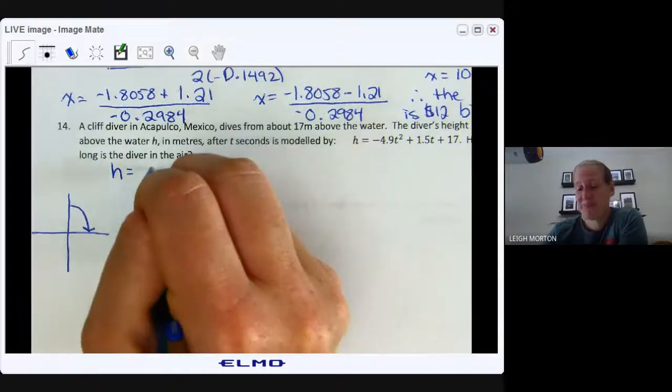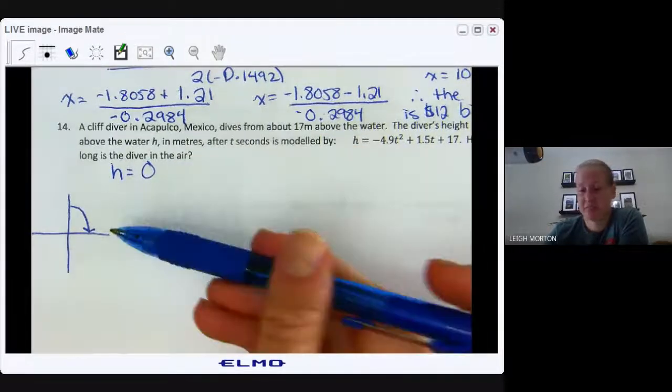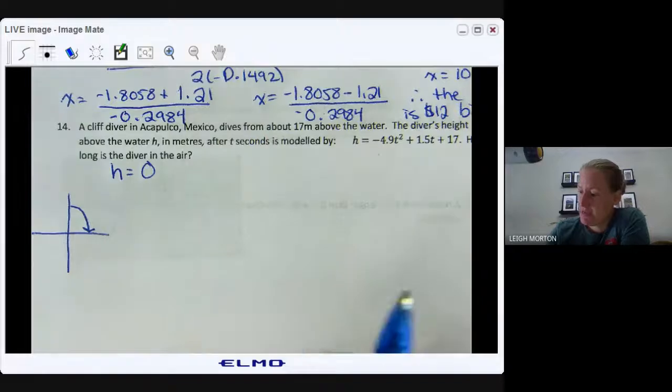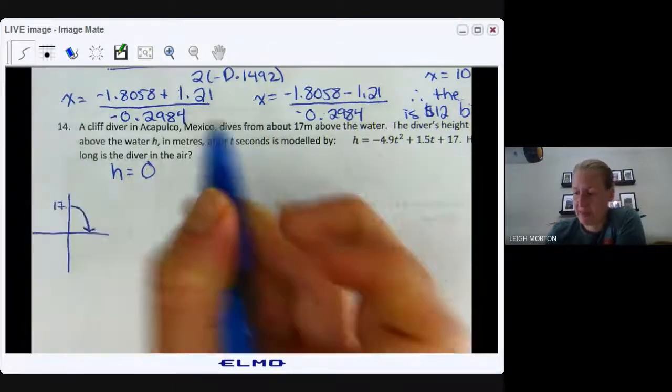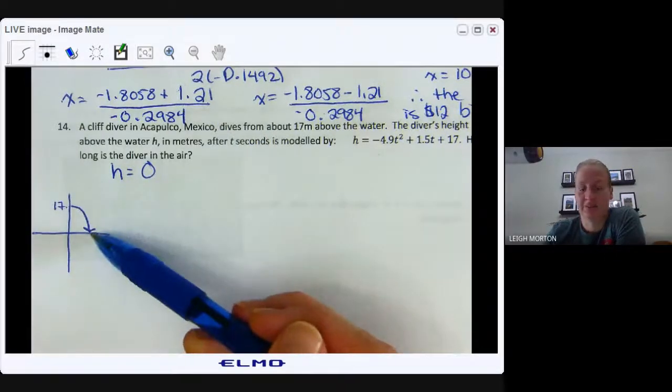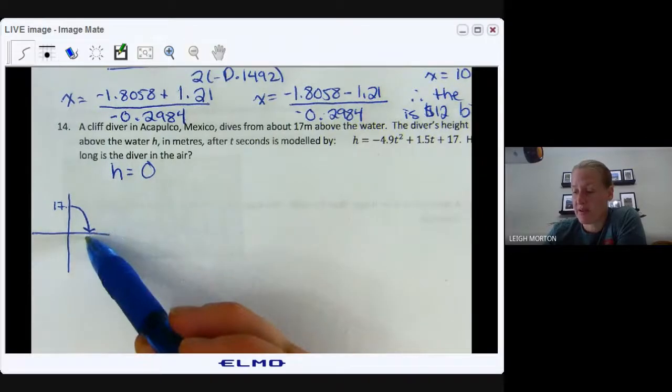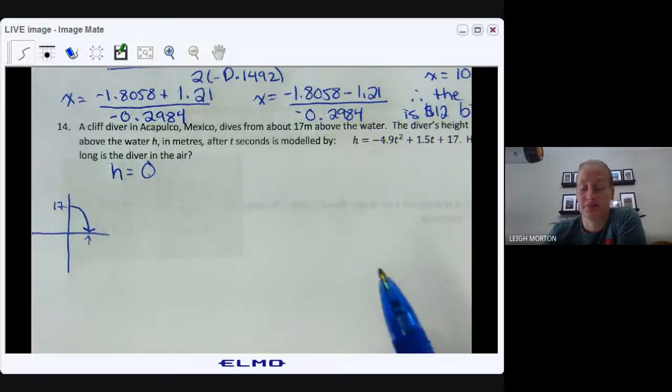I'll just answer for you. When they hit the water, the height is 0. That's right here. They're starting here, initial height is 17, diving off and hitting the water. We don't know what time they hit the water at, but we know that the height is 0.